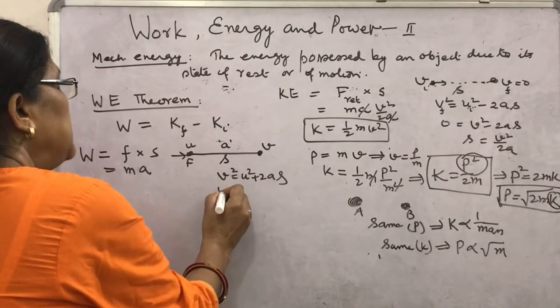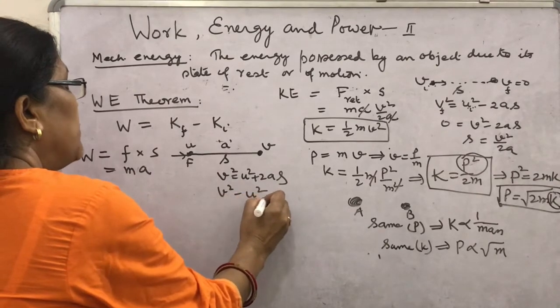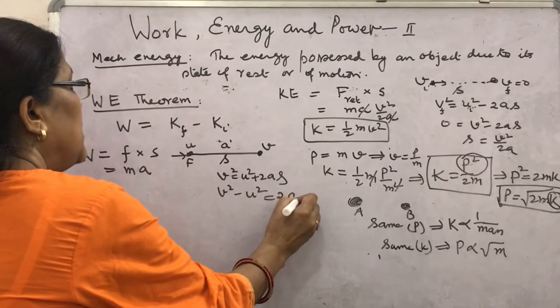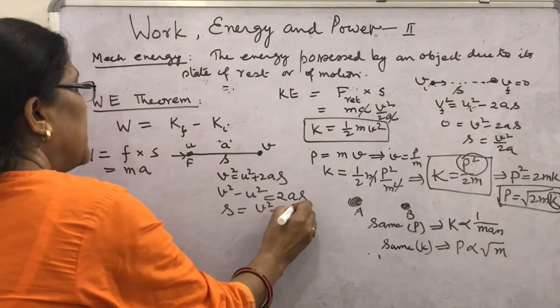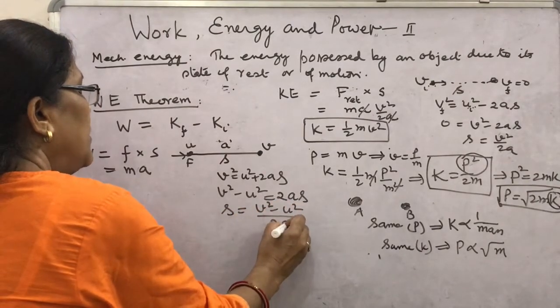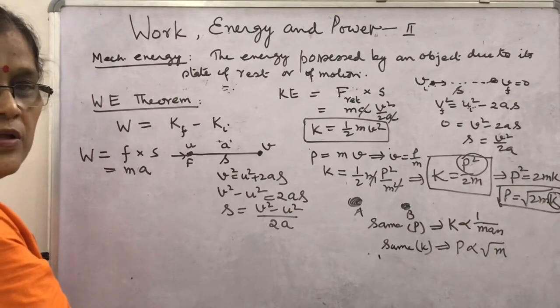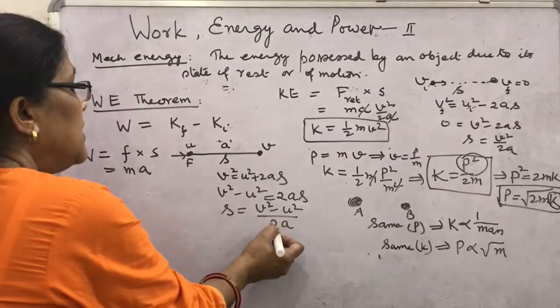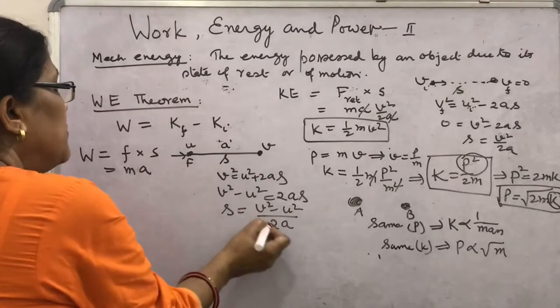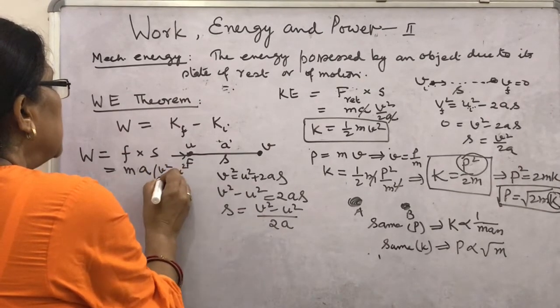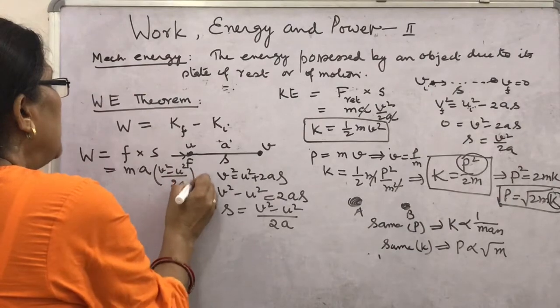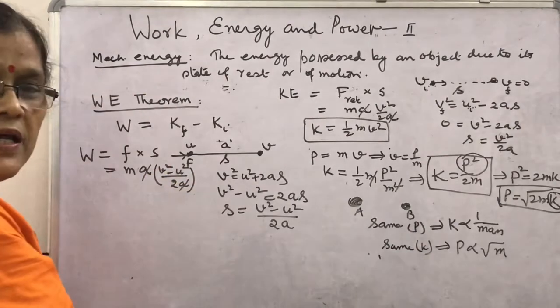Then V square minus U square equal to 2AS. Therefore, S equal to V square minus U square upon 2A. Learn this relation. Then put here in place of S, how will you write? V square minus U square upon 2A. This A will be cancelled.